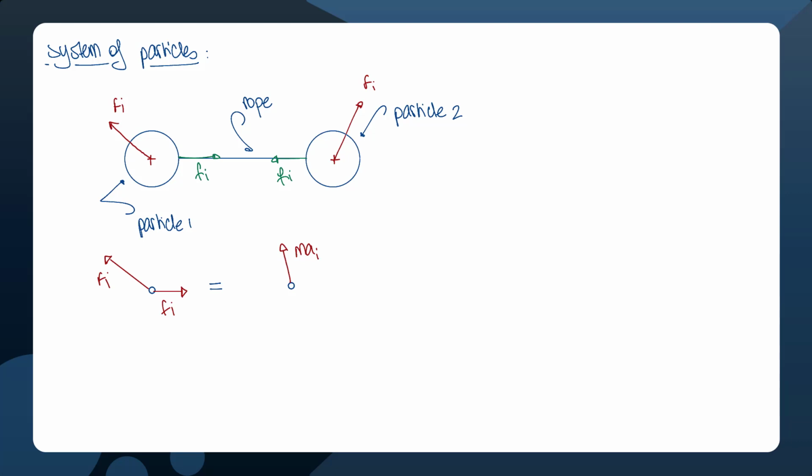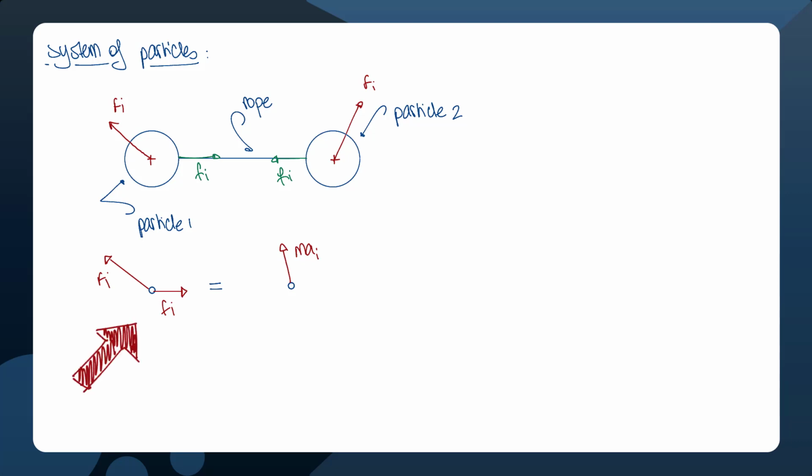Now, if we want to sketch the different forces acting on the particles, we have external forces, which are drawn here in red, Fi and Fi, and internal forces, which are due to the connection between the two particles, and that's fi and fi. Now, if we want to draw the kinetic diagram and the free body diagram for the first particle, we'll end up with the schematic shown below.